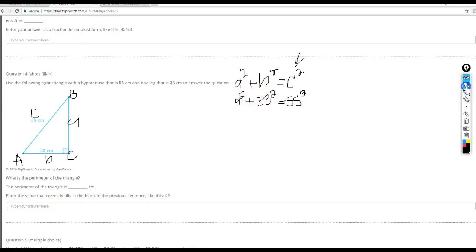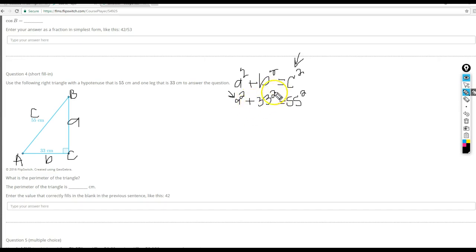So, since I want to solve for little a, let's simplify. I'm not going to simplify these squareds because they're going to be really, really large numbers, and it's difficult for me to write that down, but we can just manipulate it as the number 33 squared.